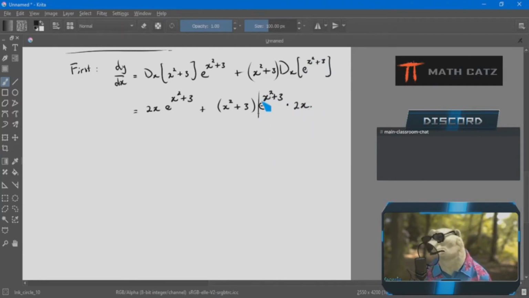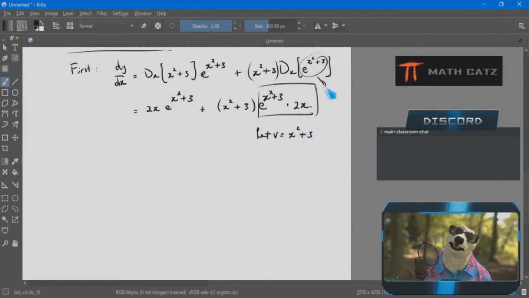Again, if this is not comfortable for you yet, you can say let v equal x squared plus 3. Let's call this g, and then g is e to the v.